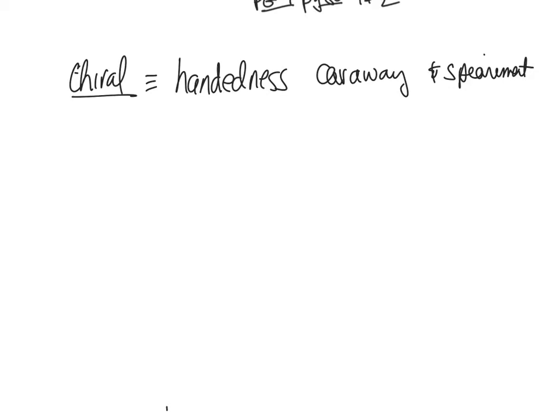Caraway seeds versus spearmint. Well, they're kind of like your right and left hand. If you actually look at their structures, you would see, and you could Wikipedia that, you would see that they only differ by one carbon. So one carbon atom, they differ, and just like your hand, and they are, well, we're going to learn a word. So this is a chiral molecule, and this is a chiral molecule, okay?